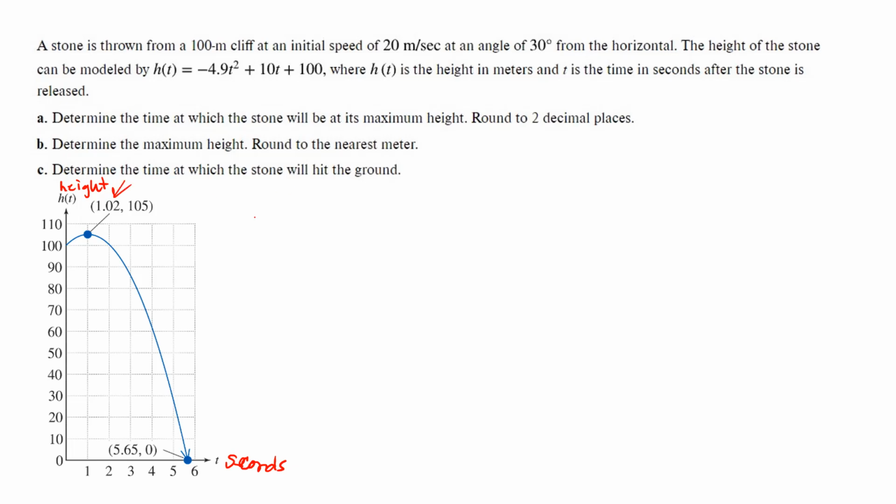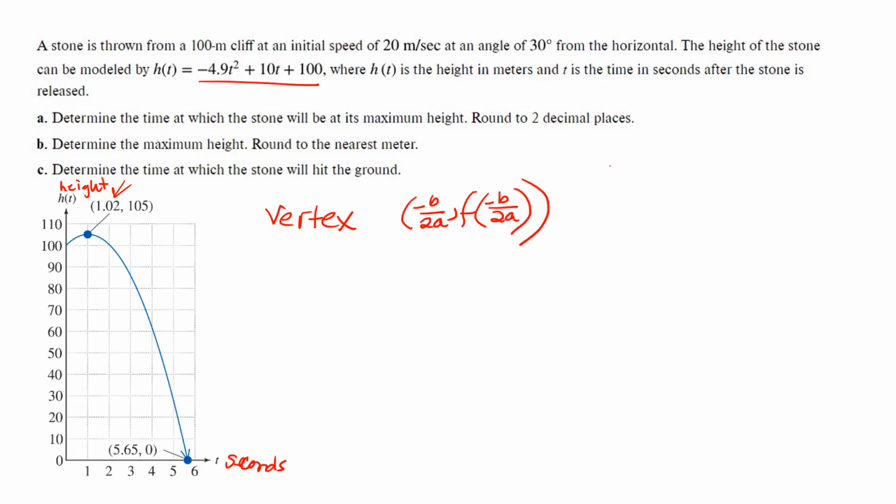But if you didn't know that and you hadn't figured that out, you would have to do what you know about a parabola. And so the maximum height is going to be at the vertex. So we're going to take our equation and find the vertex, and that will tell us the maximum height and when, the x-coordinate, when it reaches that height. So if we were to use the vertex formula, remember, that is negative b over 2a and f of negative b over 2a.